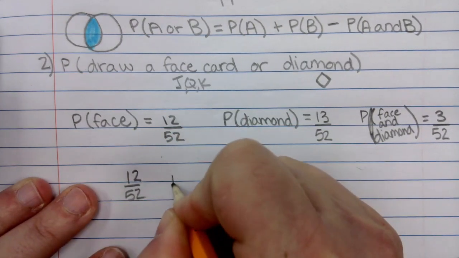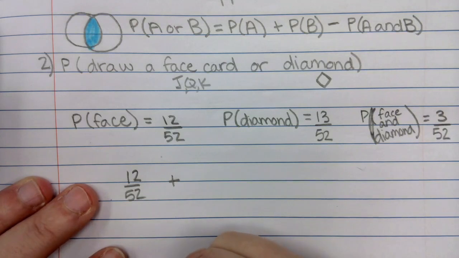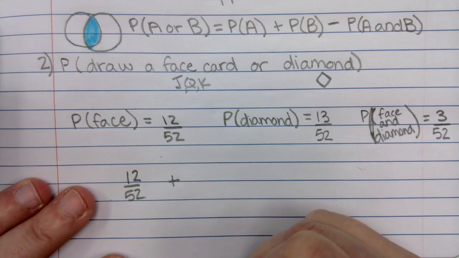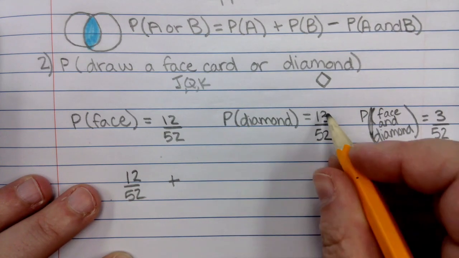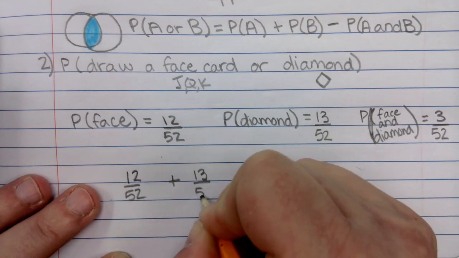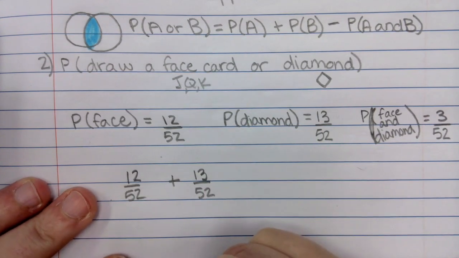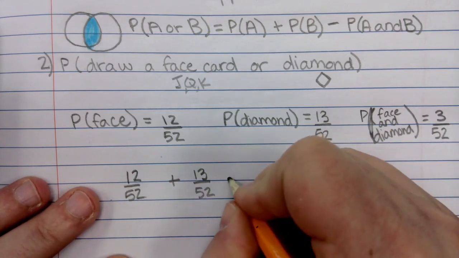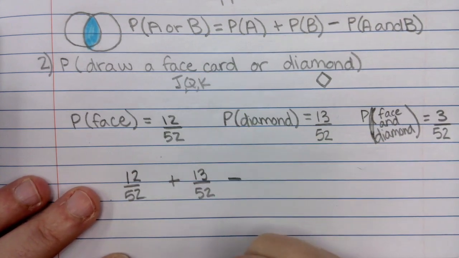How many cards were both a face card and a diamond? 3 out of 52. So this one was my face cards, this was my diamonds, and this one is where they're both.